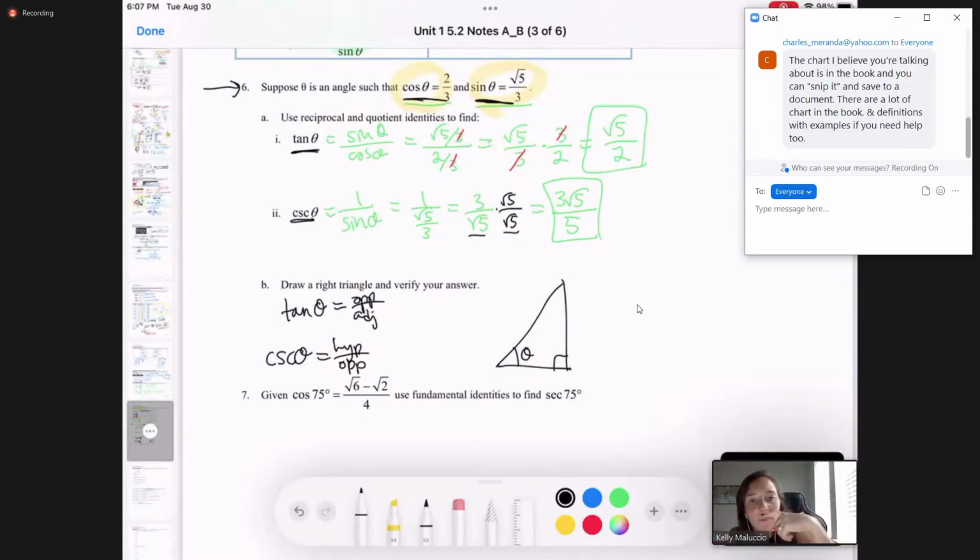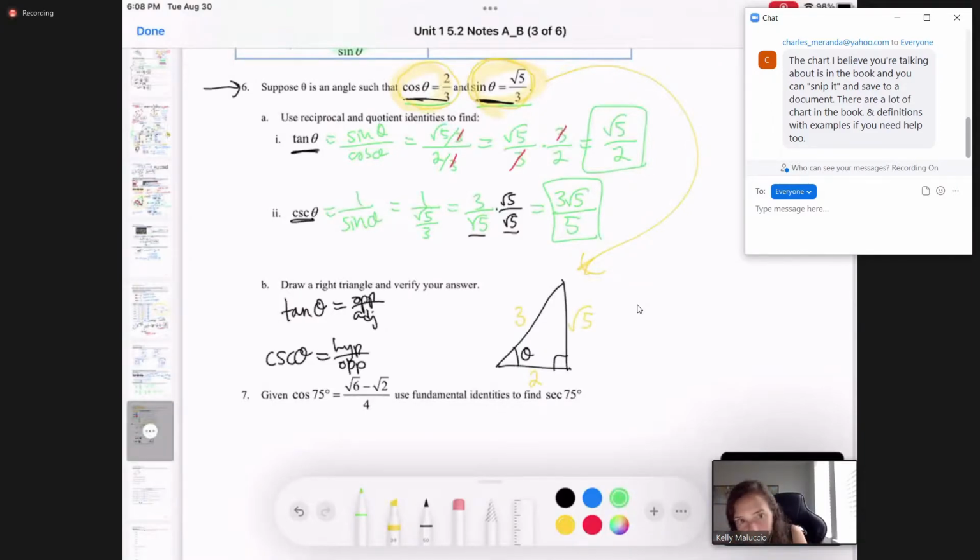And with our right triangle, we can label it because we were given these here, except I just wrote over them. Cosine being 2 over 3 means cosine is adjacent over hypotenuse. So adjacent is 2, hypotenuse is 3. Sine is opposite over hypotenuse. So square root of 5 is this, right?